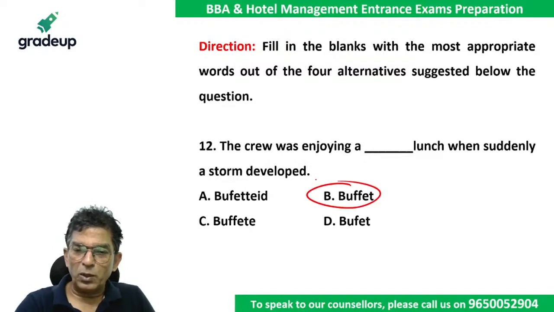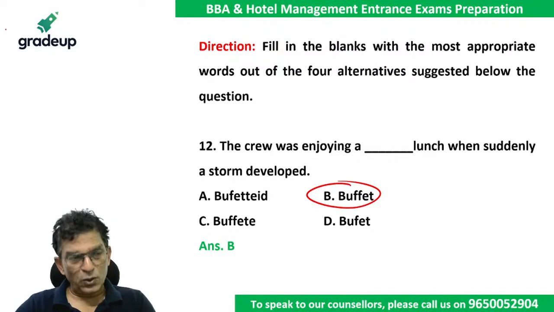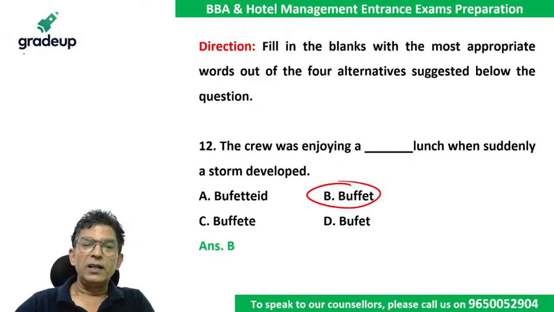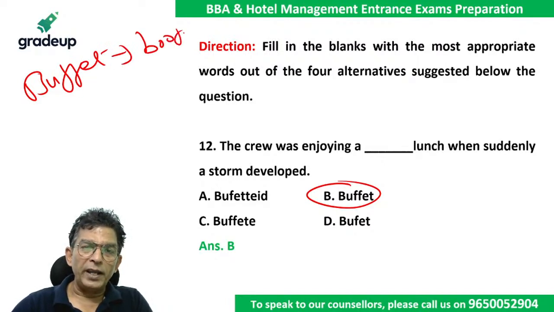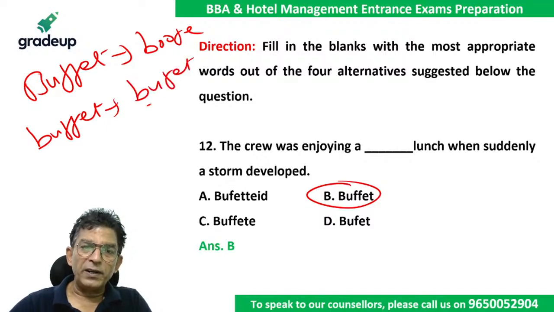But then let me tell you one interesting fact here. We steal ideas will be called plagiarized. Of course it will be, Lakshmi Beta. Of course it will be called plagiarized. Okay. Now you see, this we read as buffet. But then we can also read it as buffet this way.